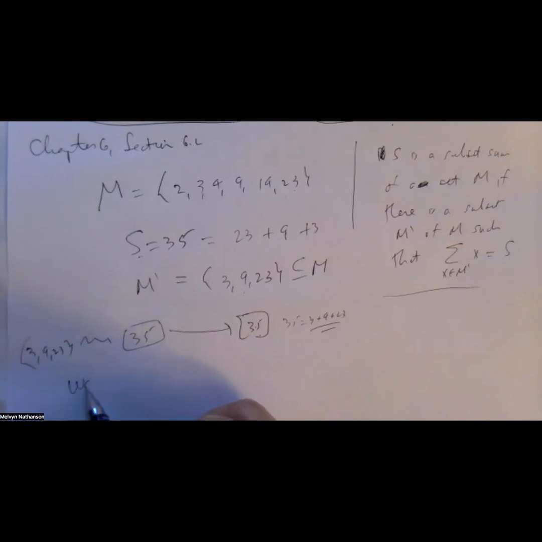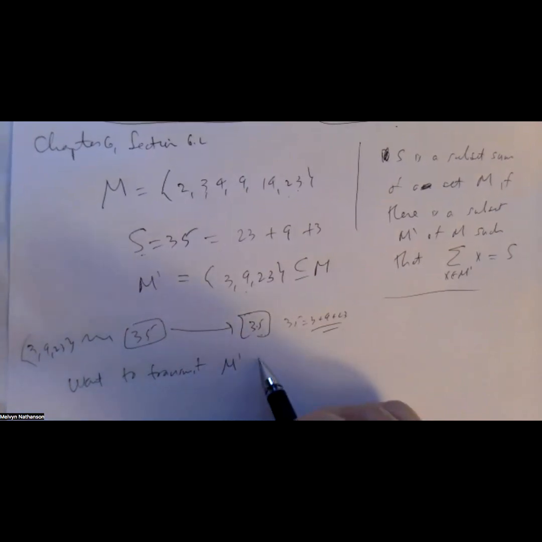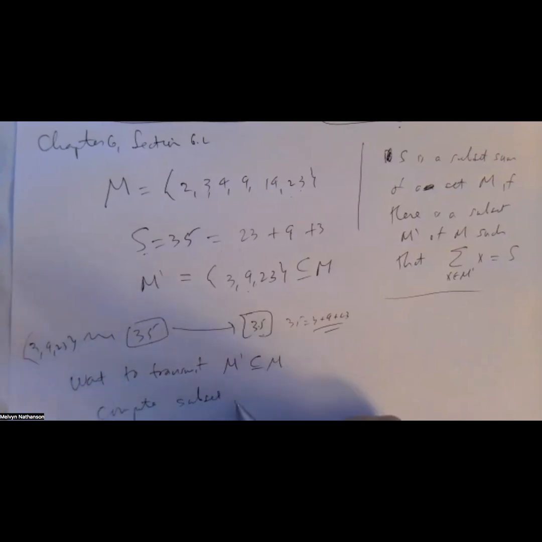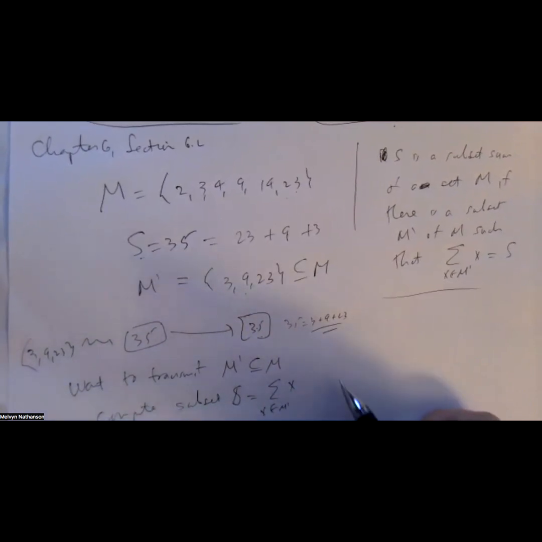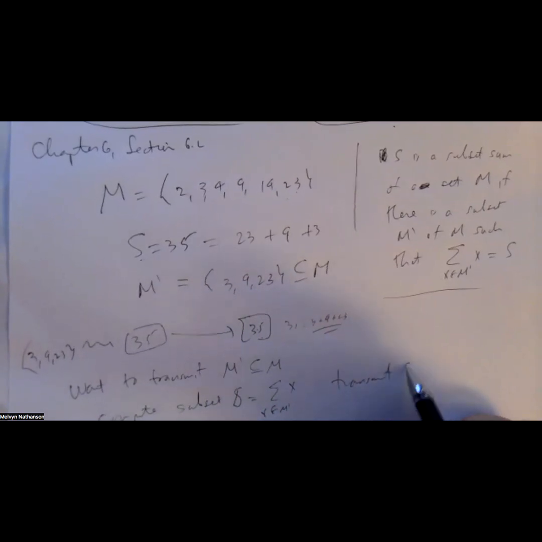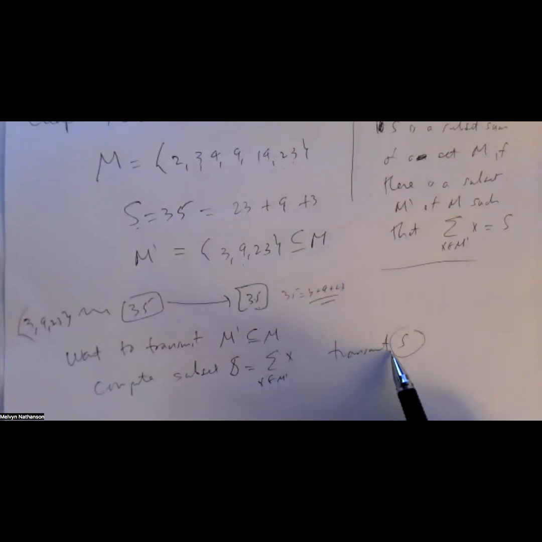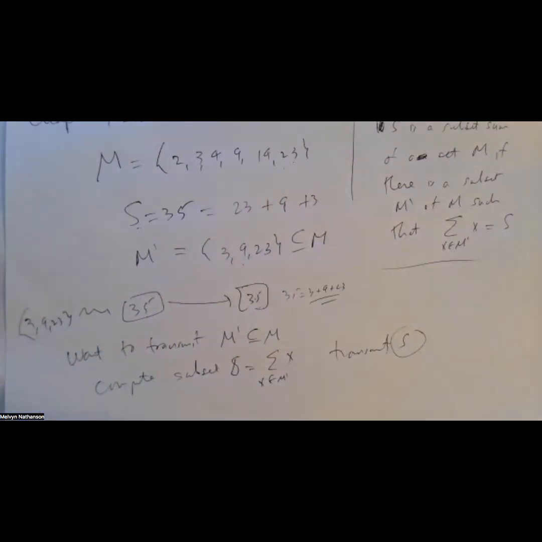Suppose you want to send your secret, your plain text is some subset M prime of M. So you compute the subset sum S, which is the sum of the numbers in M prime, and you transmit S. The person who receives S figures out how to write S as a subset sum from M and has then recovered 3, 9, 23.